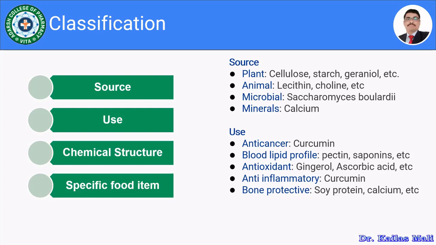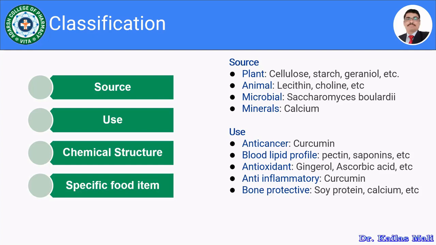Plant source, the examples are cellulose, starch, geraniol, and so on. Animal source, for example, lecithins and choline. Microbial source, for example, Saccharomyces boulardii, and mineral source, for example, calcium.